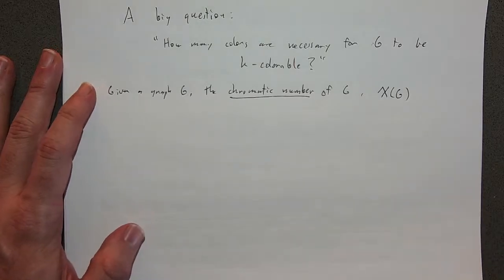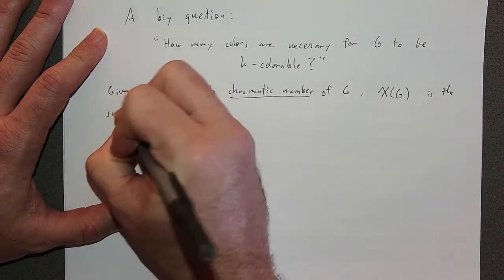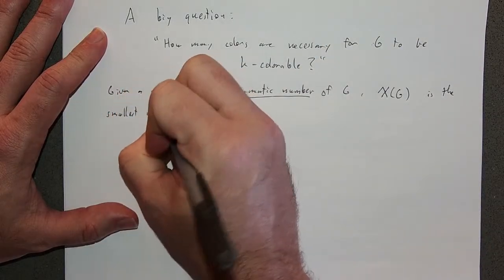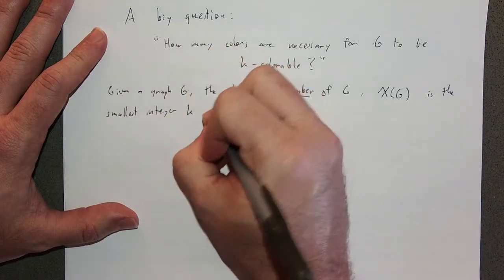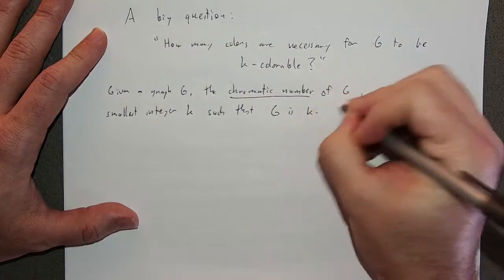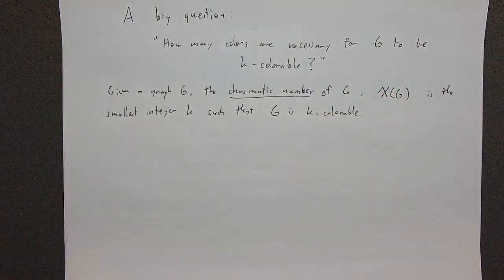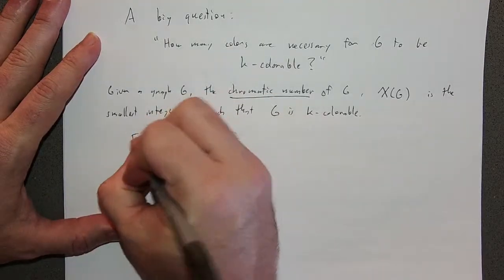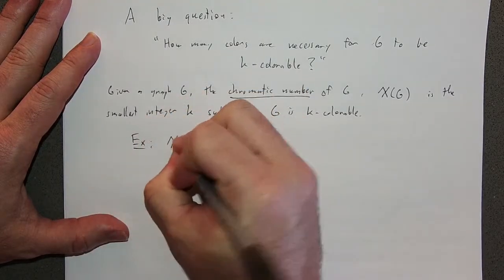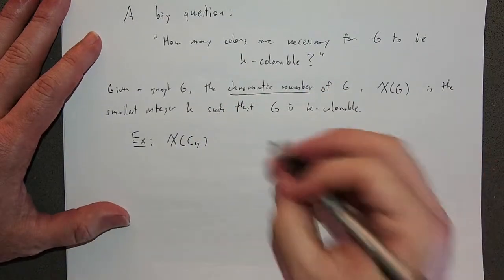It is the smallest integer k such that G is k-colorable. Note that in our example, we have just shown that the chromatic number of the cycle on 5 vertices is 3.